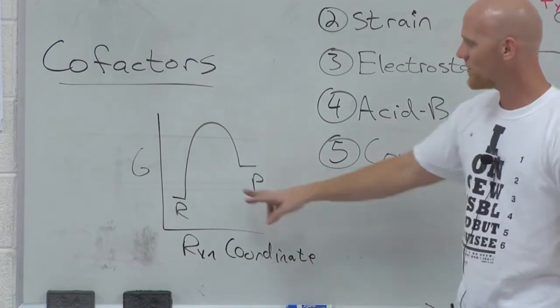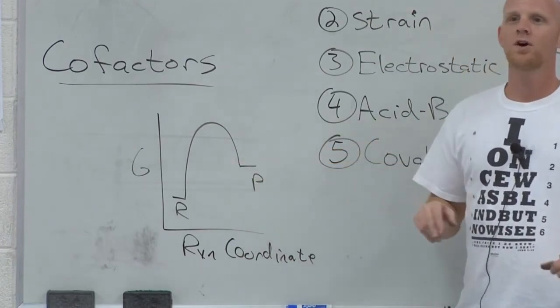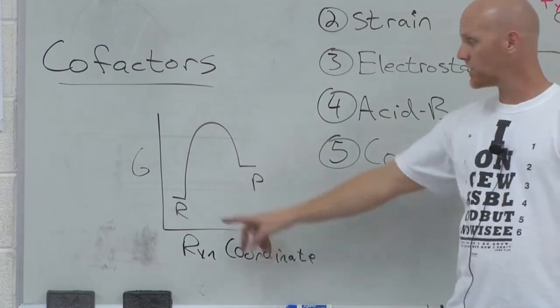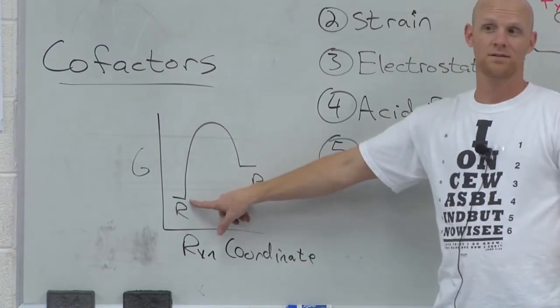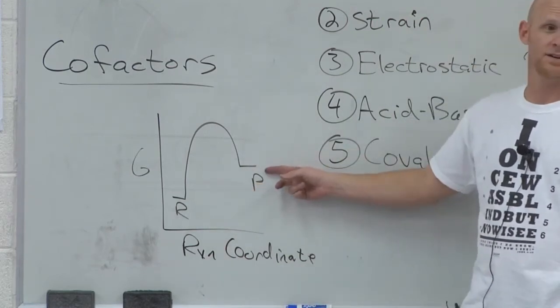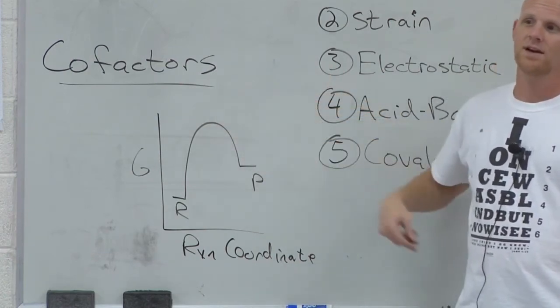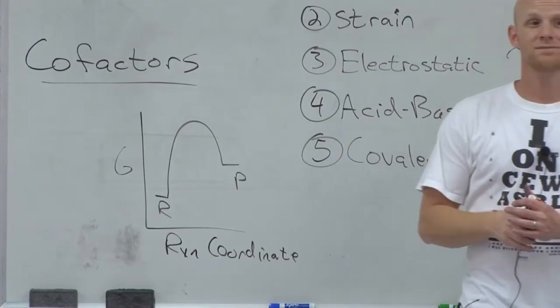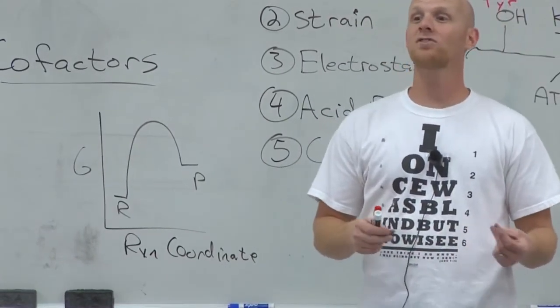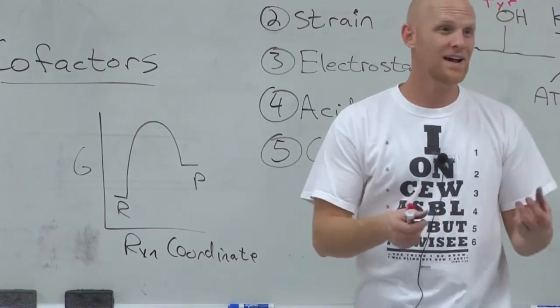So in this case, if I want to catalyze this reaction, what energy do I actually want to lower? Do I want to lower the reactant's energy? No. Do I want to lower the product's energy? No. What do I want to lower? Transition state's energy. And so in the induced fit model, it's convenient if the enzyme is designed to actually bind the transition state. It's an induced fit.